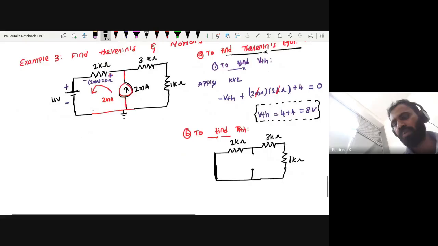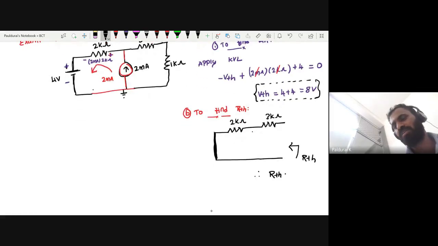Then what should you do? You want to open the load and find the voltage across it, right? So I am opening the load and finding the resistance. That is RTH. So now what is RTH? It is very simple. Both are connected in series, so RTH is 5 kilo ohm.